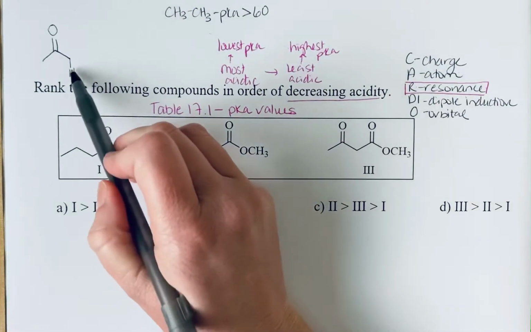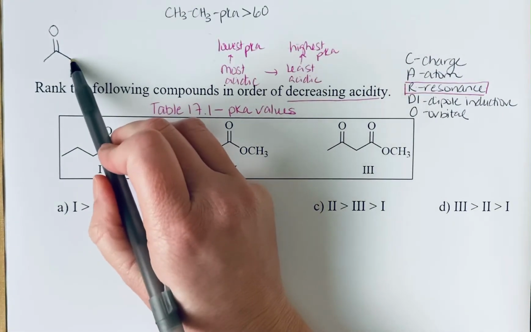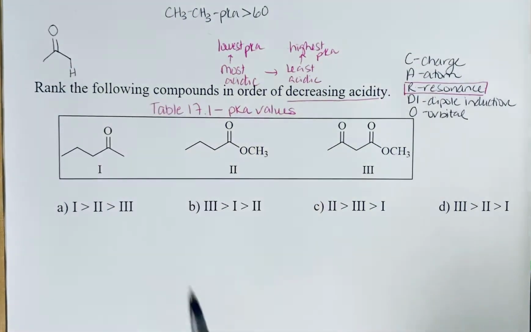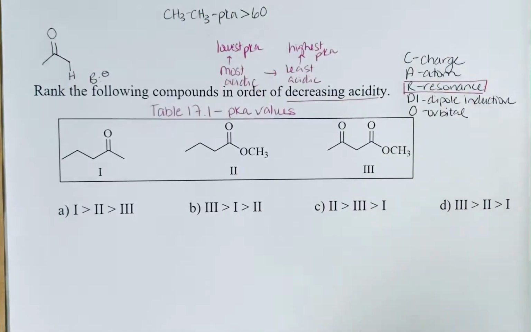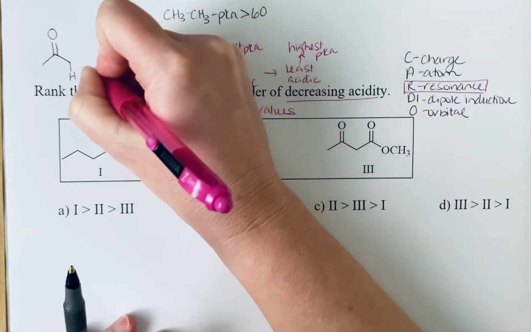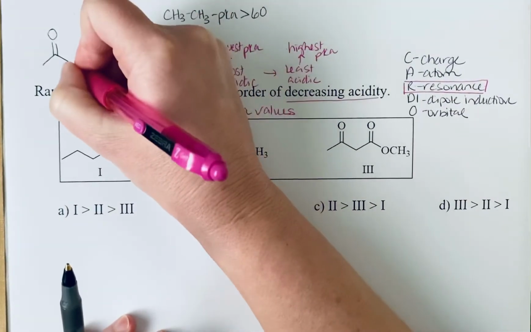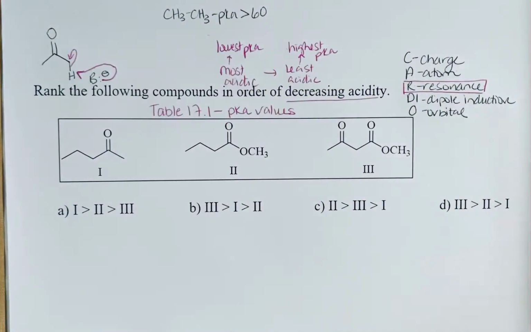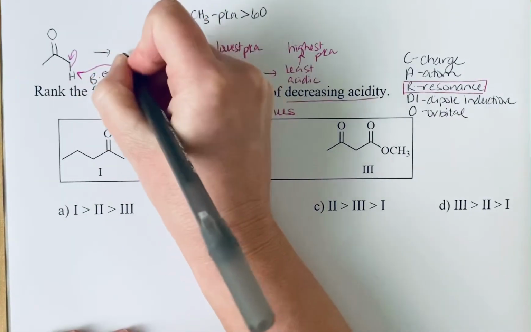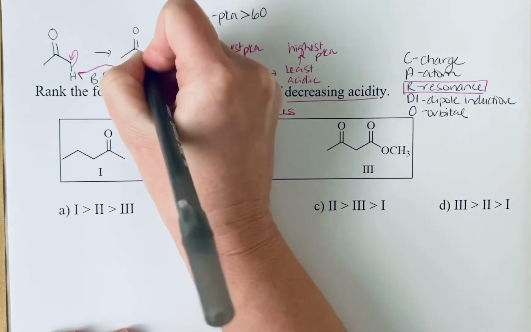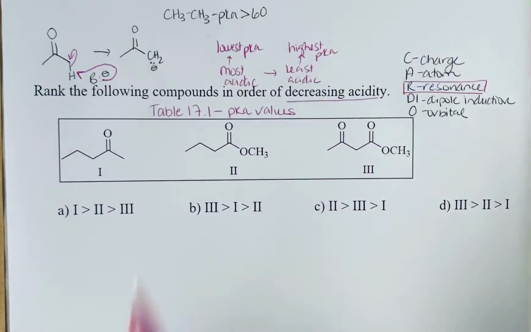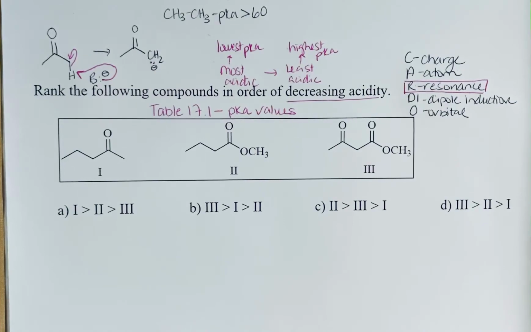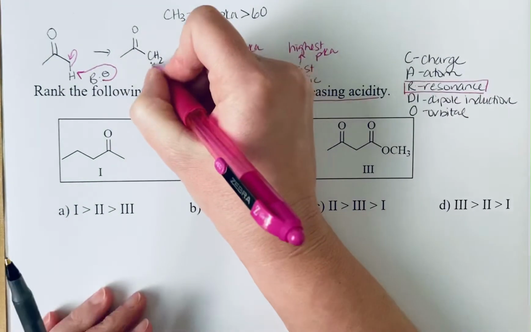But if you've got a hydrogen on a carbon that is still sp3 hybridized but alpha to a carbonyl, once that hydrogen is removed by some base, it doesn't matter which base, you can put that negative charge on the carbon atom. This is now a CH2 minus, and here's the resonance. We don't have that negative charge localized on just carbon; we can share it with the electronegative oxygen.